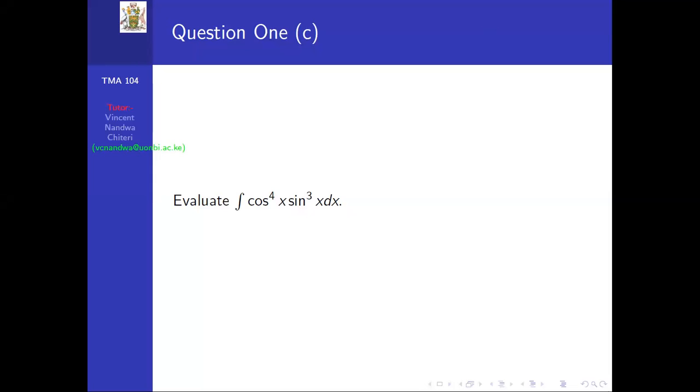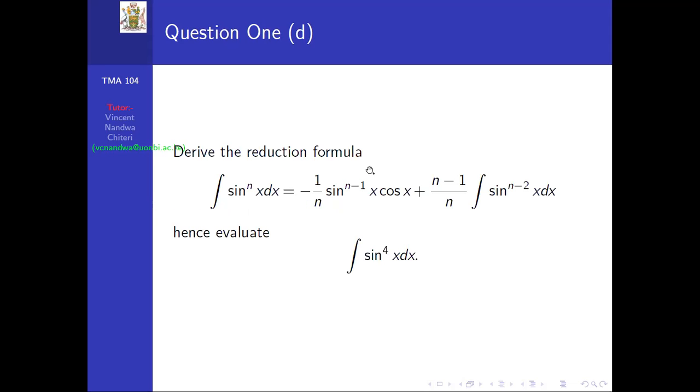Because this is a product of powers of cosine and sine, and since the power of sine is odd, we'll make use of the identity sine squared x is the same as 1 minus cosine squared x to transform this integral in terms of cosine functions, and then use a substitution to find the final solution. So let's work the solution step by step.